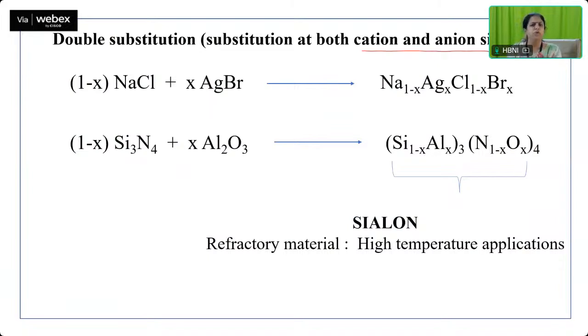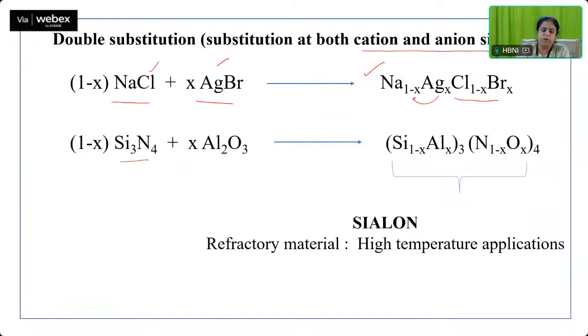Because there are very few pairs of anions that have similar bonding and coordination requirements. But one such easy example is NaCl and AgBr. If you mix, they form solid solution in the entire range. So silver occupies the sodium site and the charges are similar. So simple solid solution, no fuss at all. Similarly, chloride and bromide ions, similar charge. So NaCl and AgBr form solid solution throughout the range.